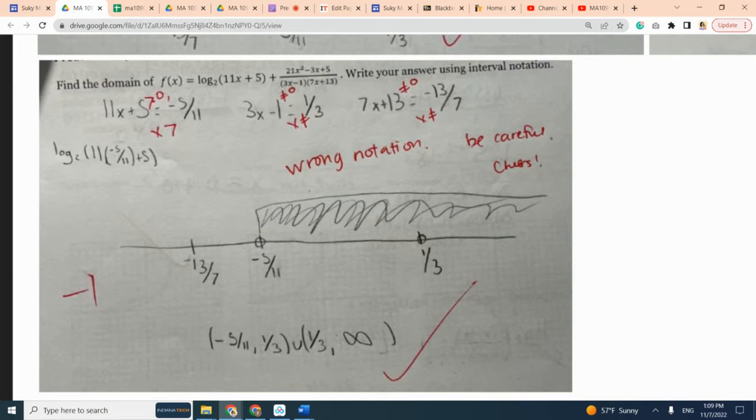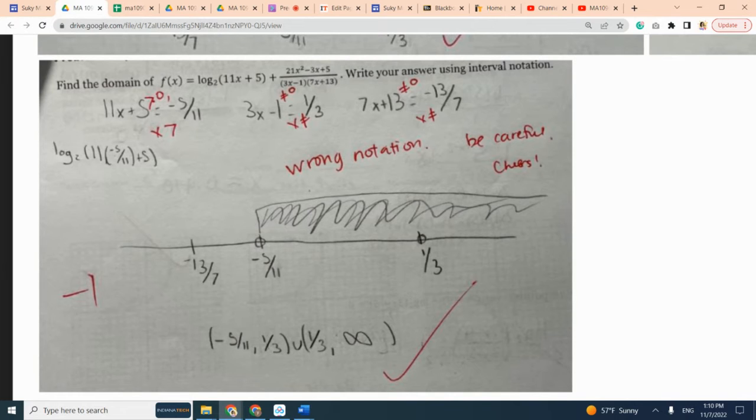But you don't mean 3x minus 1 equals 1/3. Okay, so when you write something down, be careful. And here you mean 7x plus 13 is not 0, so x is not equal to -13/7. But you don't mean these are equal. Okay, so be careful the way you write it, even though you get the right answer. If you write something wrong, then I need to take off some points.